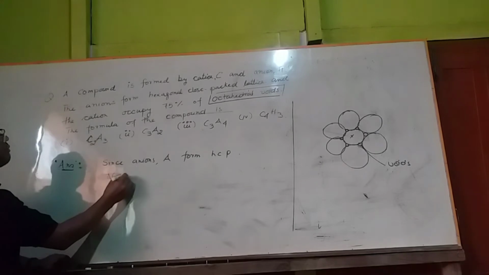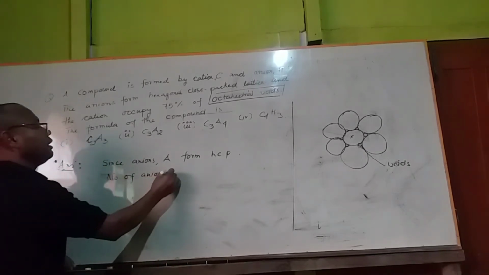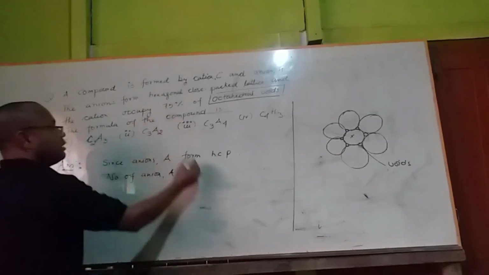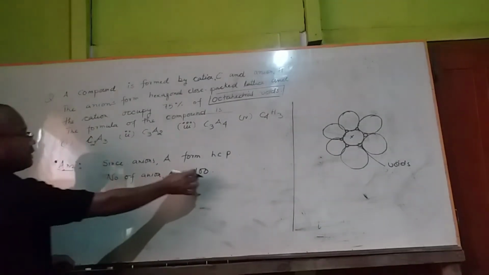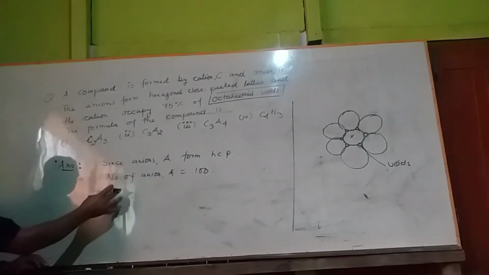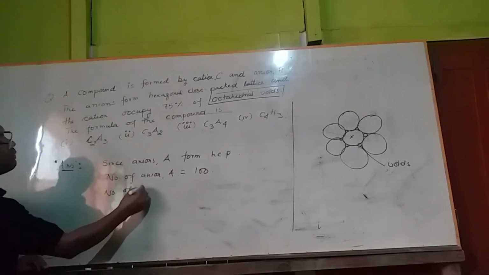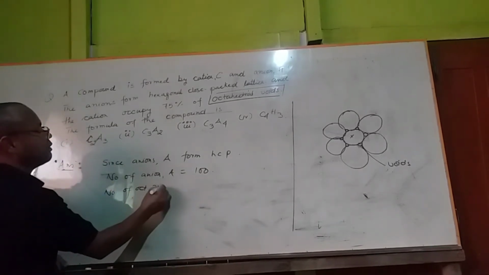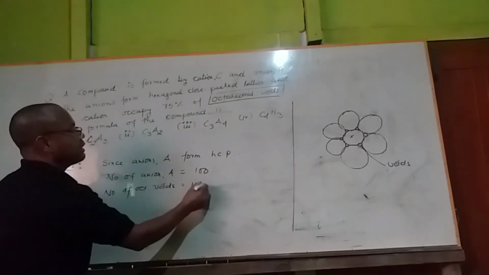Let me write the number of anion A as 100. Out of this 100, 75% of the octahedral voids are occupied. The number of octahedral voids is the same as the number of anions, that is 100.